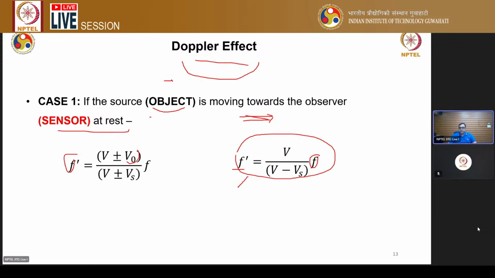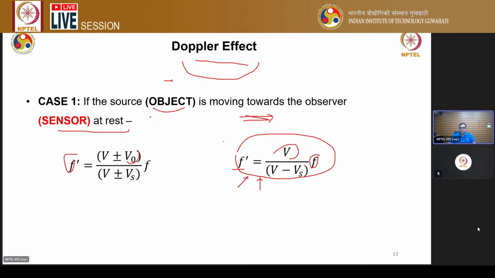This effect is very important for knowing the status of an object by using its velocity and the actual frequency. As I mentioned, the definition of a sensor is that you want to measure certain changes, which has to be in an electrical parameter that a transducer can provide.